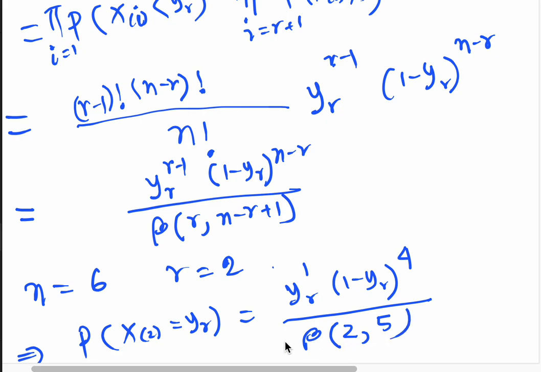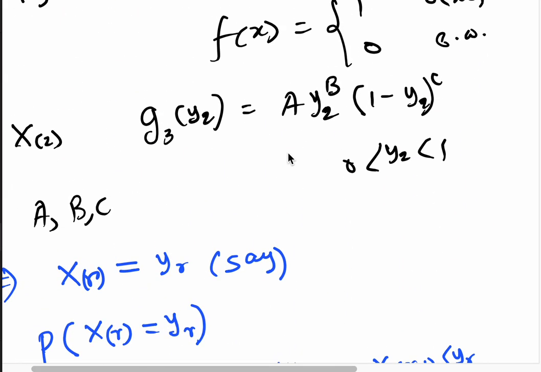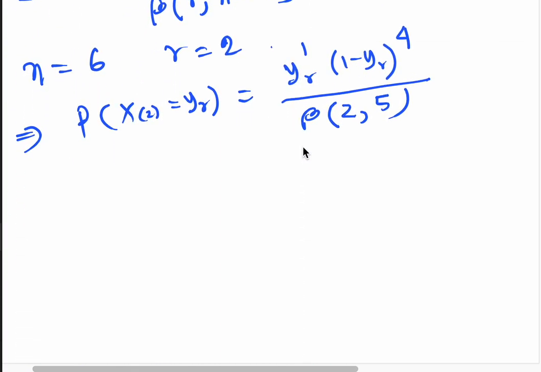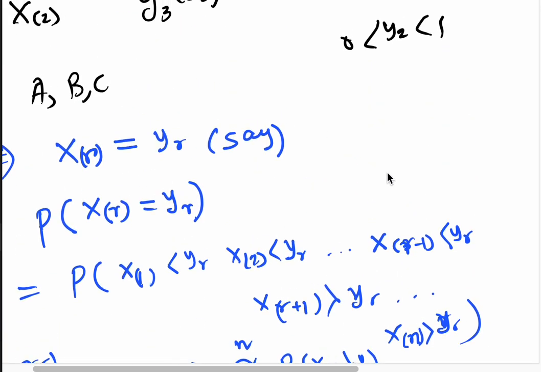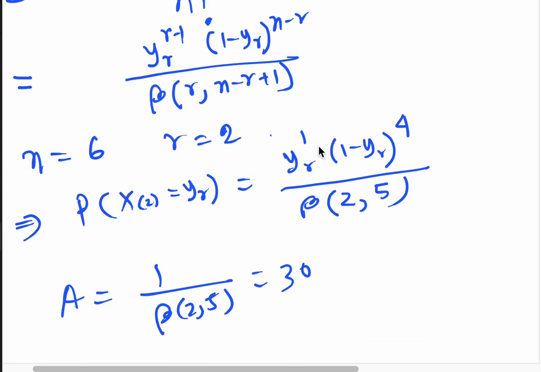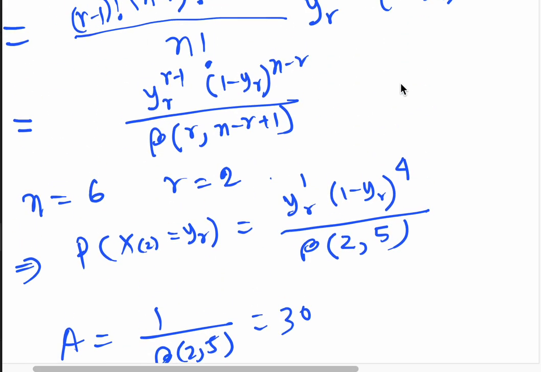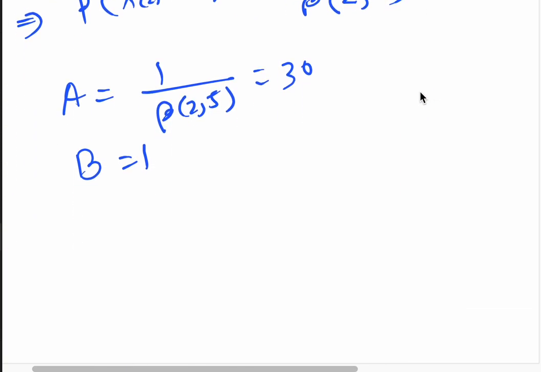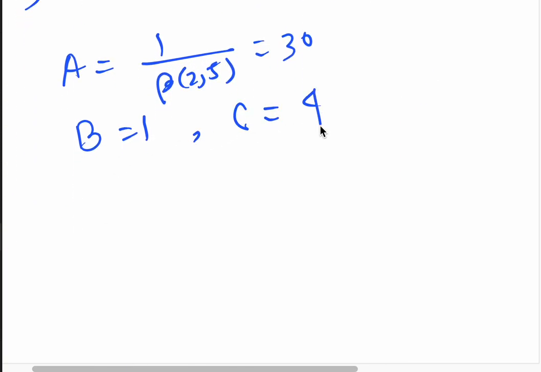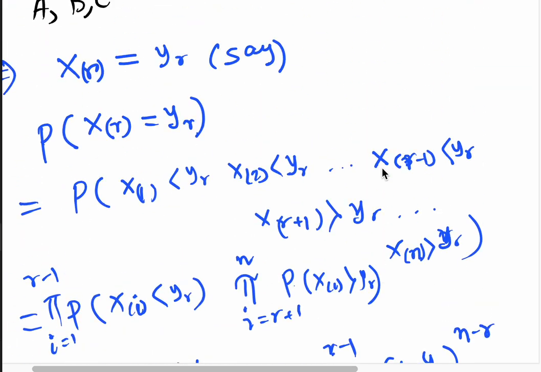So the value of a is 1 by beta of 2 comma 5, that is basically 30, the value of b is 1, and the value of c, the power of 1 minus y2, is 4. So a, b, c is 30, 1, 4.